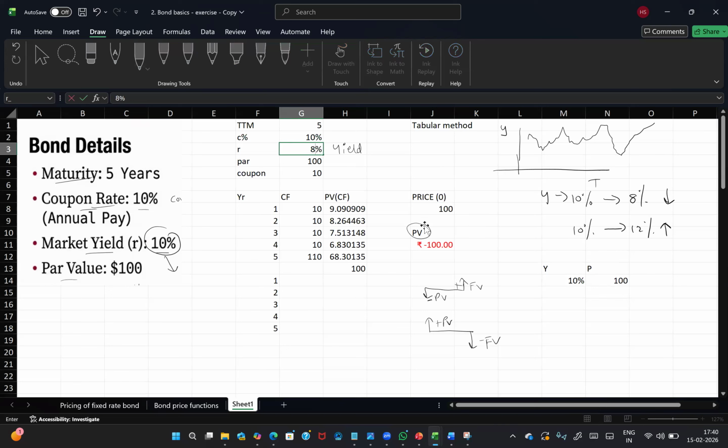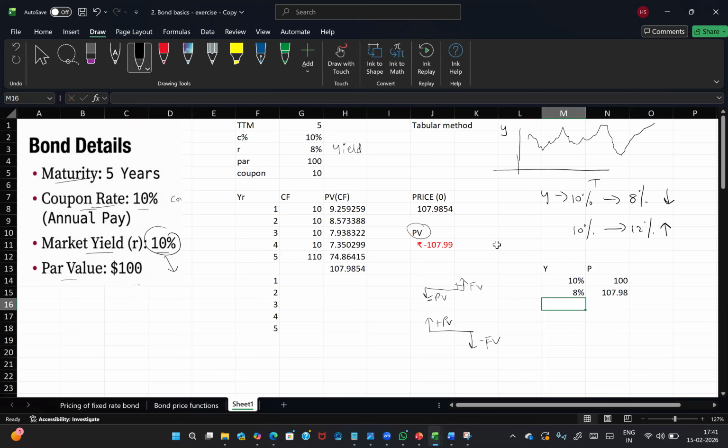All I have to do is go into my pricer and change the yield from 10 to 8%. Please note, don't change the coupon. We are changing the yield or the market rate. If that changes, look at what happens to the price. It increases and becomes 107.98.